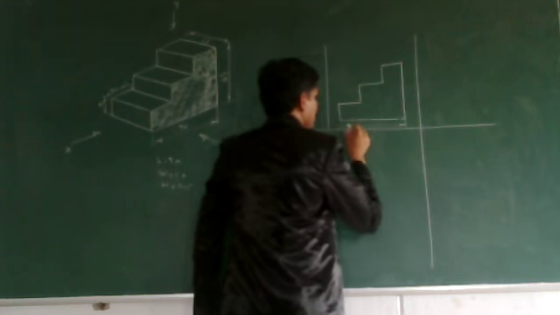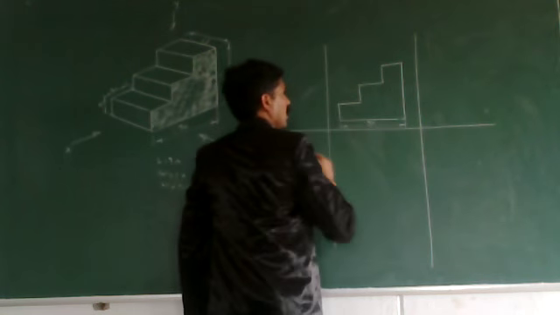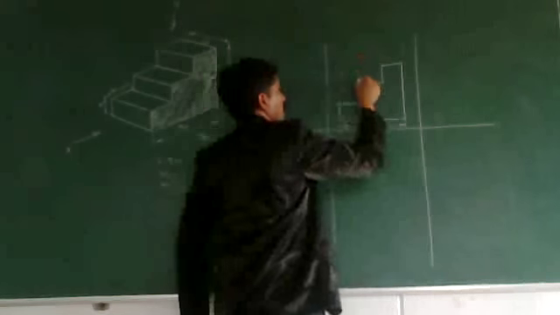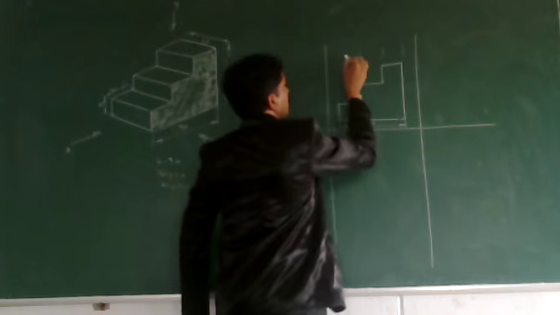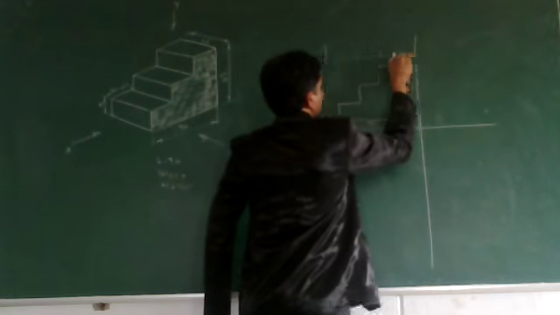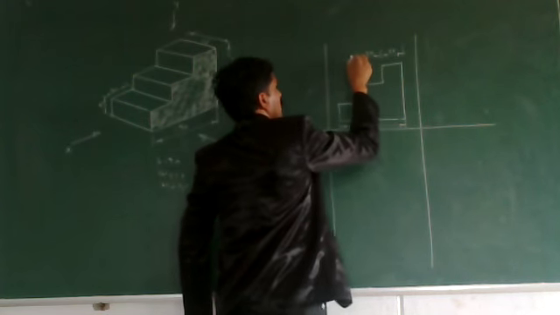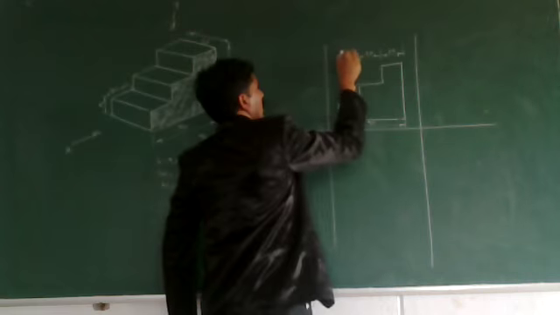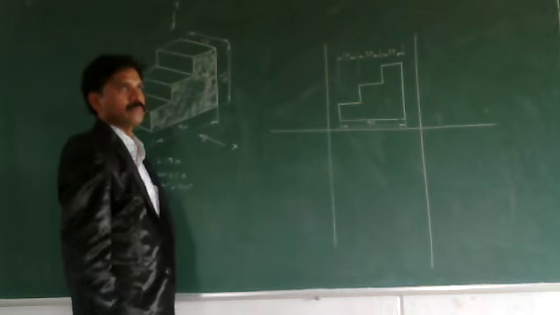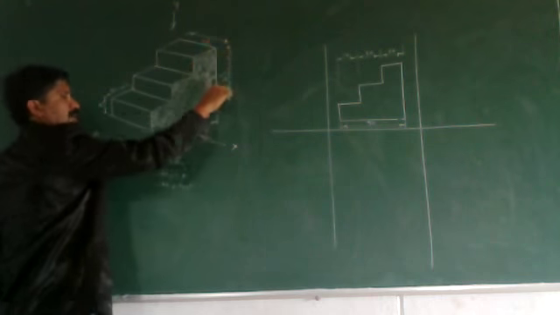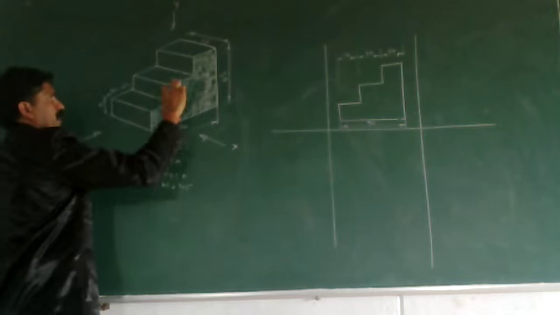This is 90. And show these dimensions individually. 50. This is 30. This is also 30. And finally, it is also 30. Okay, and coming to the height. In the height, the total height is 45 and the splits are 15, 15, 15.